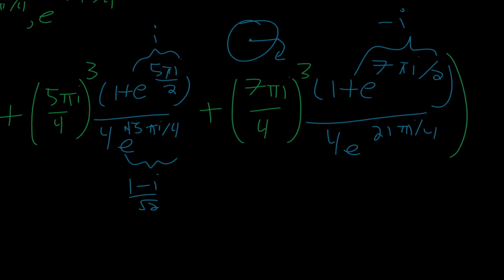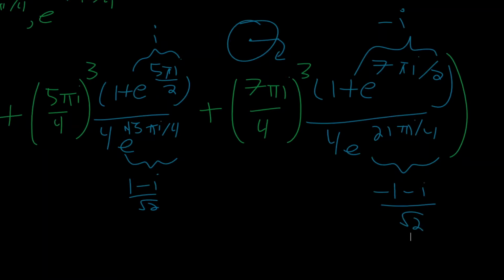And similarly, this e to the 21 pi i over 4, we can think of as being 5 pi i over 4 more than 1. So this would be the same thing as e to the 5 pi i over 4, which is just going to be negative 1 minus i over the square root of 2.